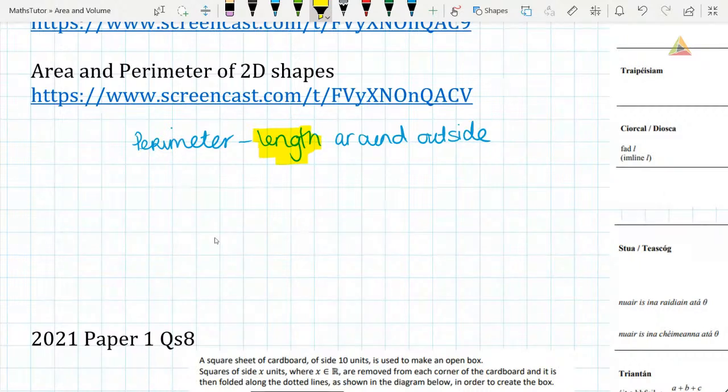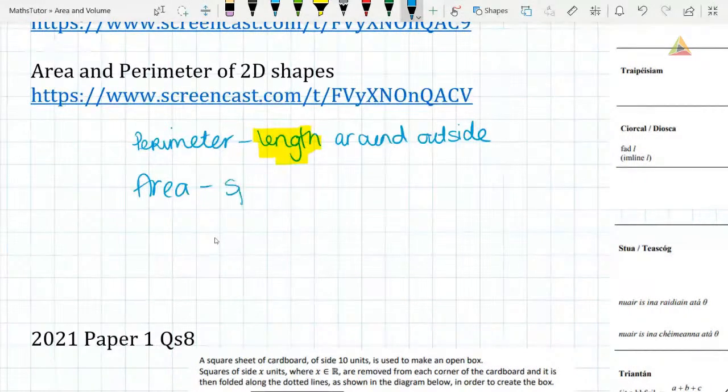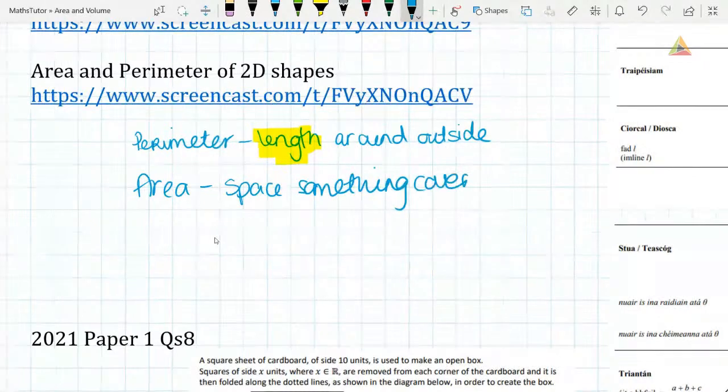So the perimeter is going to be walking around the outside. It's like a length, and we're going to have our units for length: kilometers, centimeters, and meters. When we're dealing with area, we're dealing with how much space something covers. That means we're dealing with two dimensions.